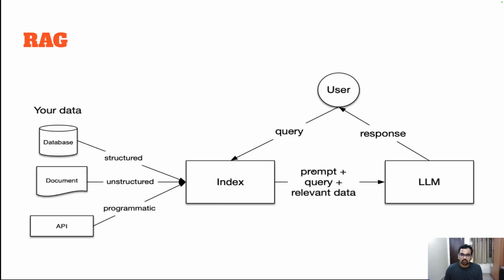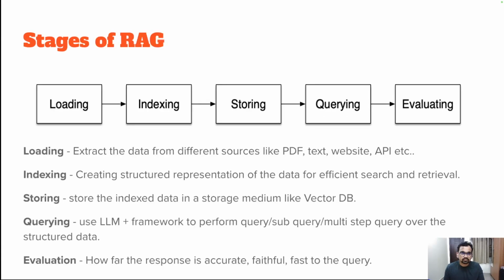The prompt plus query plus relevant data is fed to the LLM, and the LLM gives the response. The prompt is all about system instructions, telling the LLM what it should do. This is the overall skeleton of a RAG; any RAG you take has these basic fundamentals. We will take each component of RAG and dig deep into it using Llama Index.